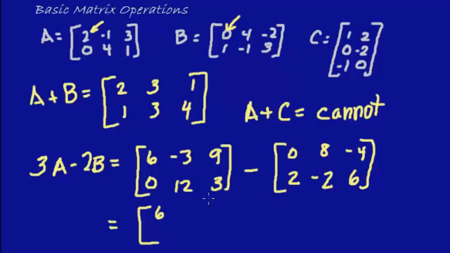Minus 3 minus 8 would be a minus 11. 9 minus a negative 4 would be 13, I believe. Then 0 minus 2 is a negative 2. 12 minus a negative 2, that's going to end up being plus again, so that's a 14. 3 minus 6, that is a negative 3.